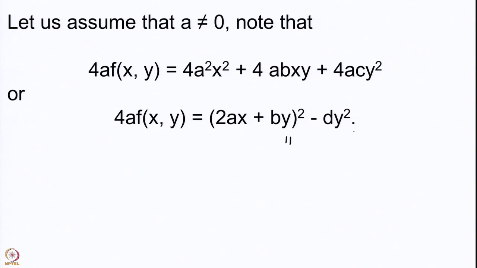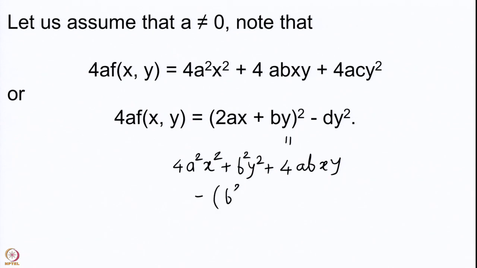Let us expand this whole square, that would give you 4a square x square plus you get b square y square from that squaring of the second term, and now you need to multiply both the terms and multiply by 2, that will give you 4abxy, and now here we have minus d. Remember, d is b square minus 4ac.